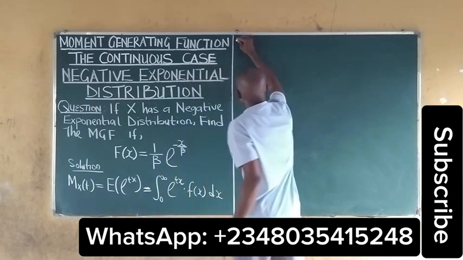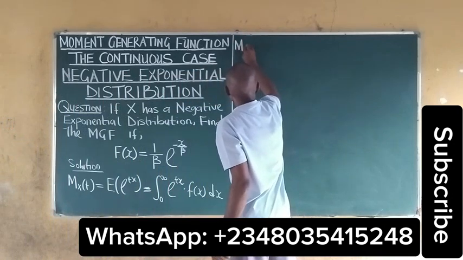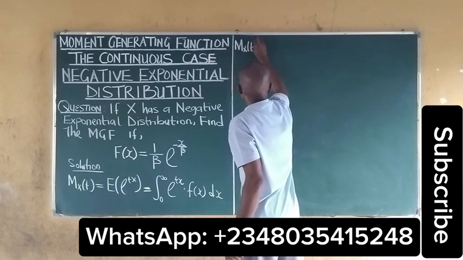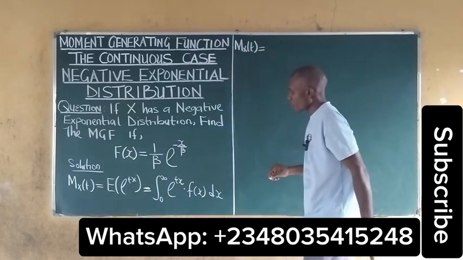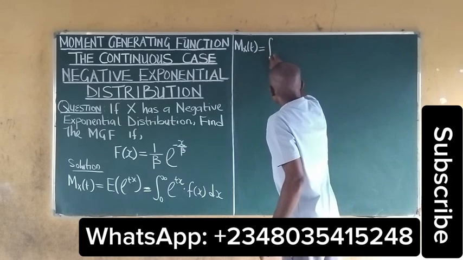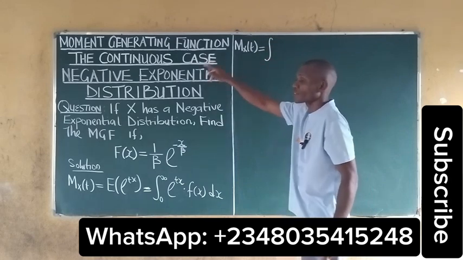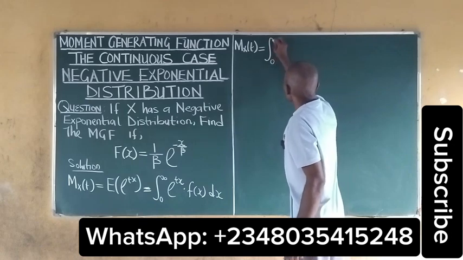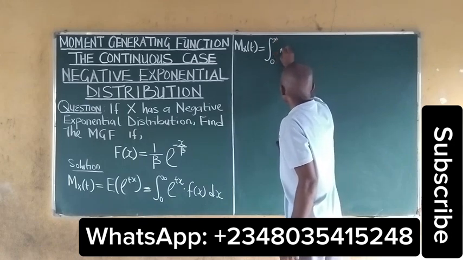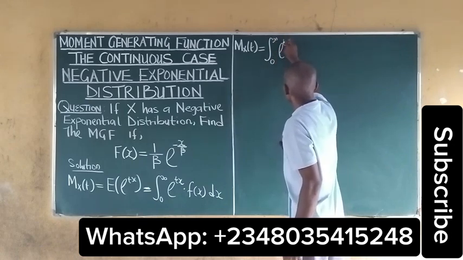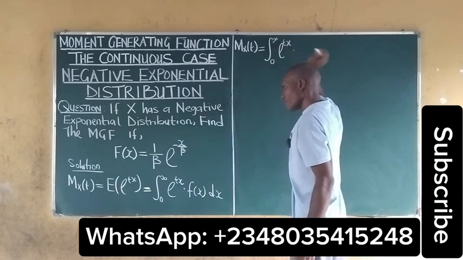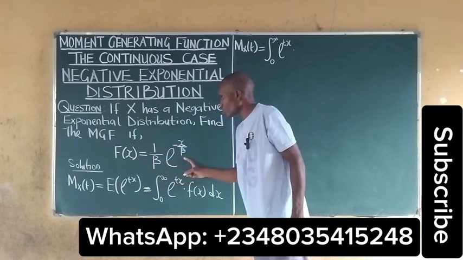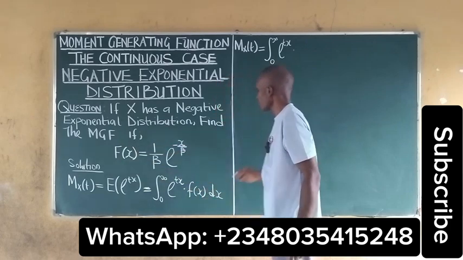So it then means that our moment generating function will be equal to the integral, since it's a continuous case, from 0 to infinity of exponential tx multiplied by the whole of this function, because this is f of x.